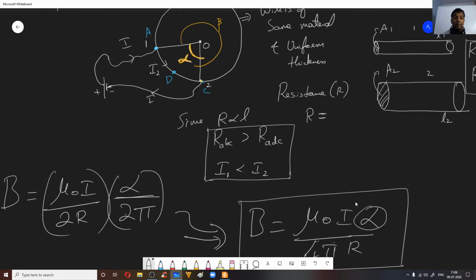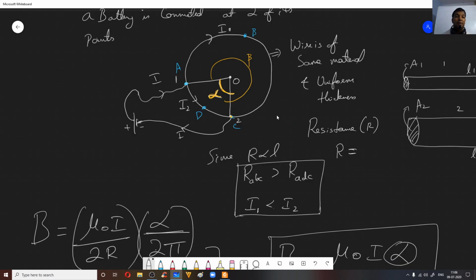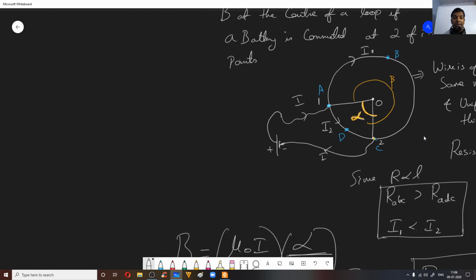So you can apply the same case for this problem here. Let us say the magnetic field due to ABC can be written as mu naught I divided by 4 pi r times alpha.